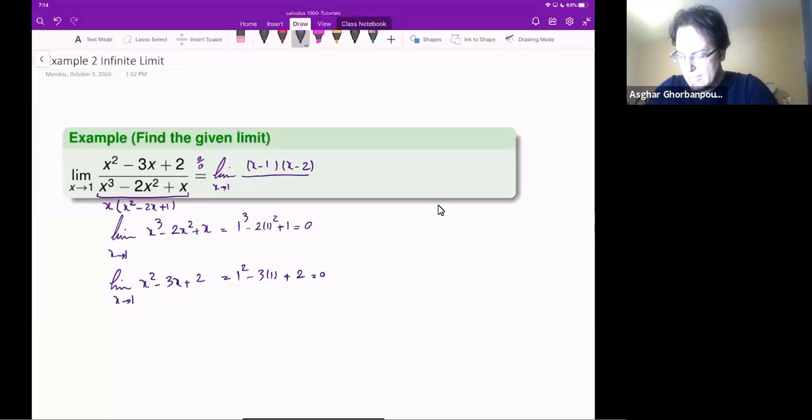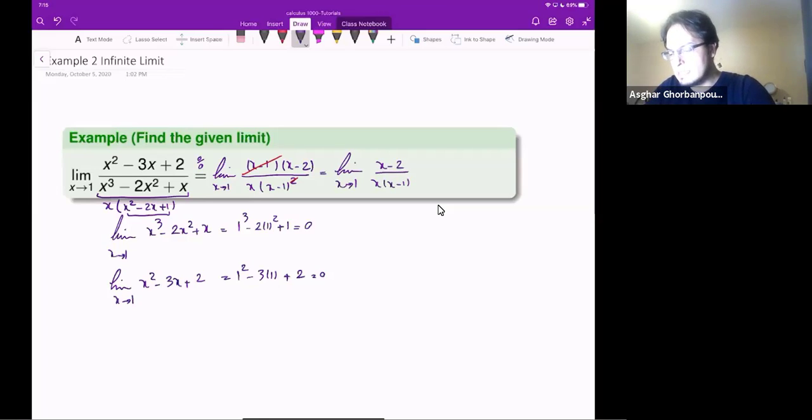And in the denominator, the quadratic part is x minus 1 squared. Now I have the vanishing factors. I cancel these, and this gives the limit of x minus 2 over x times x minus 1 as x goes to 1.